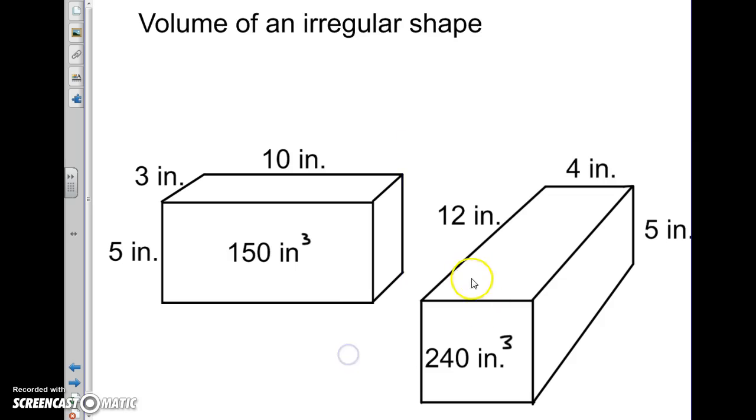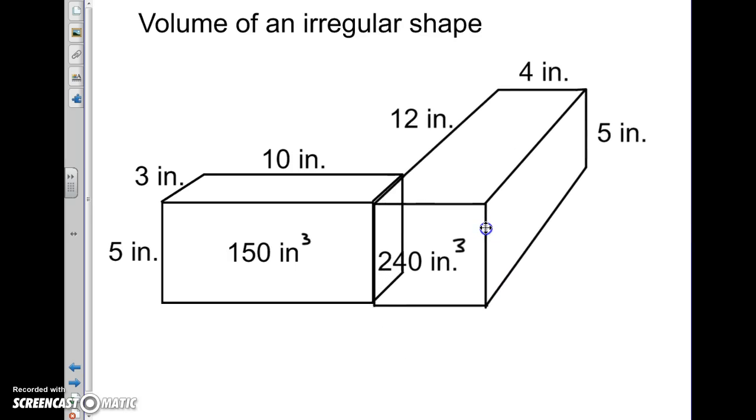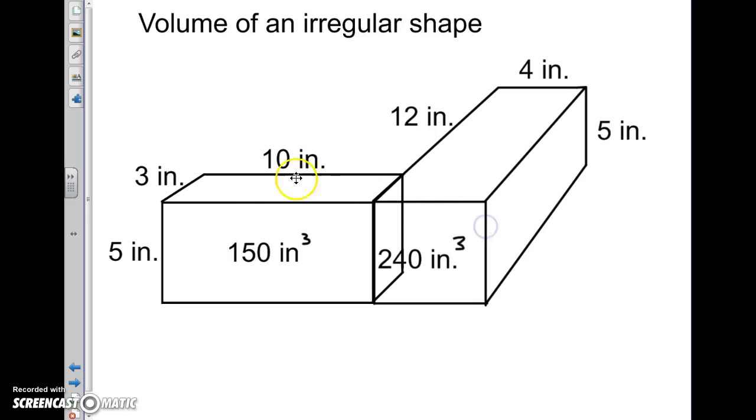Okay, so now we know the volume of this part, this rectangular prism, this part of the irregular shape, and the volume of this part, this rectangular prism of the irregular shape. All I need to do to find the total volume is just put them together. So I know the volume of this part, I know the volume of this part, so the whole thing altogether is just these two volumes added up.